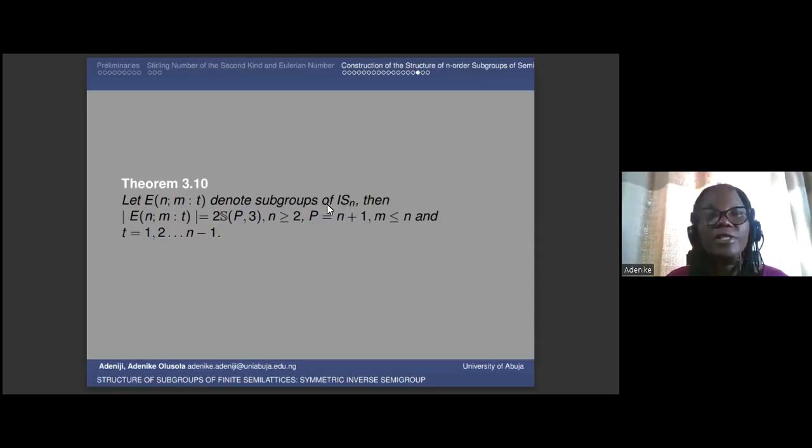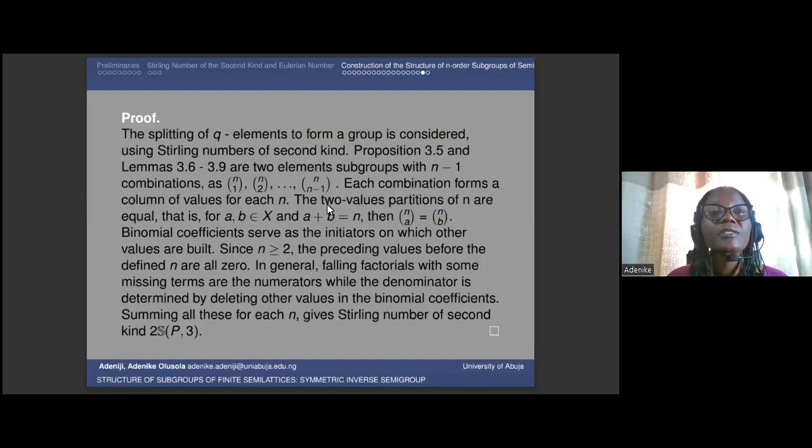And so the proof of this is we used the Stirling numbers of the second kind and the proposition 3.5, lemmas 3.6 to 3.9, to prove this particular theorem.